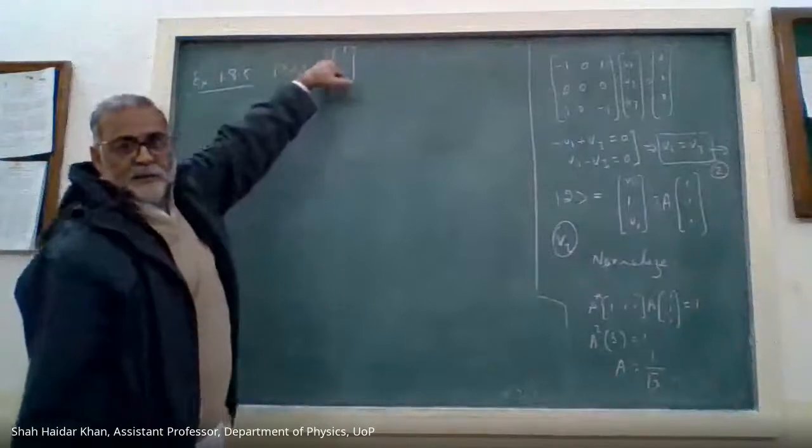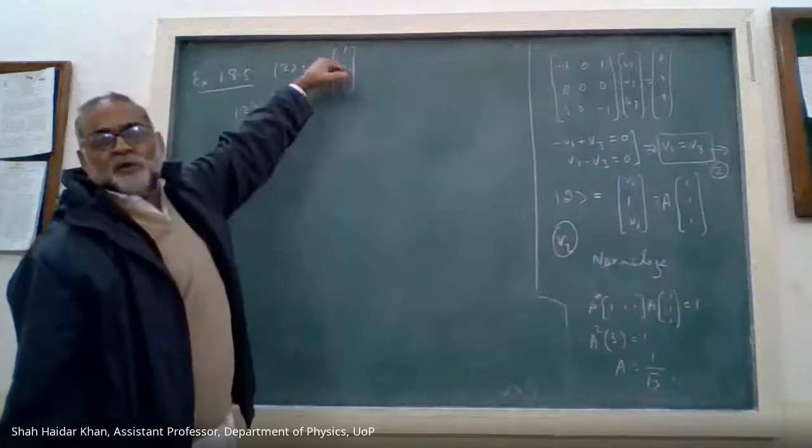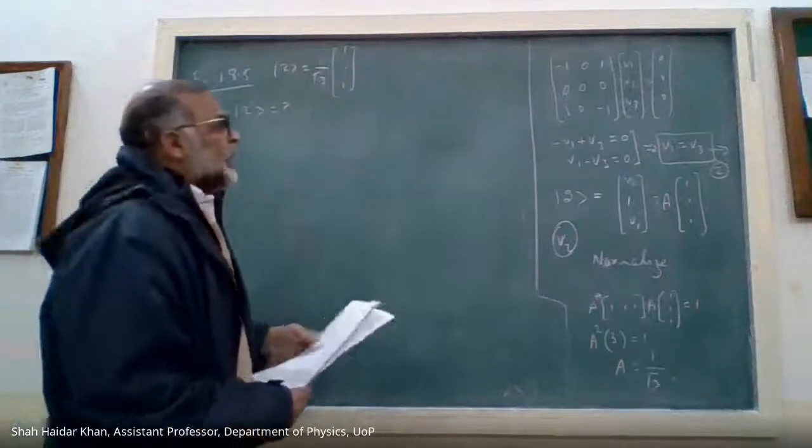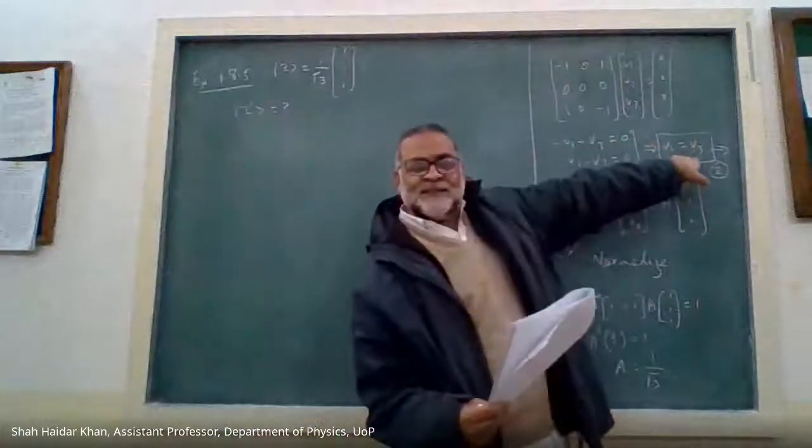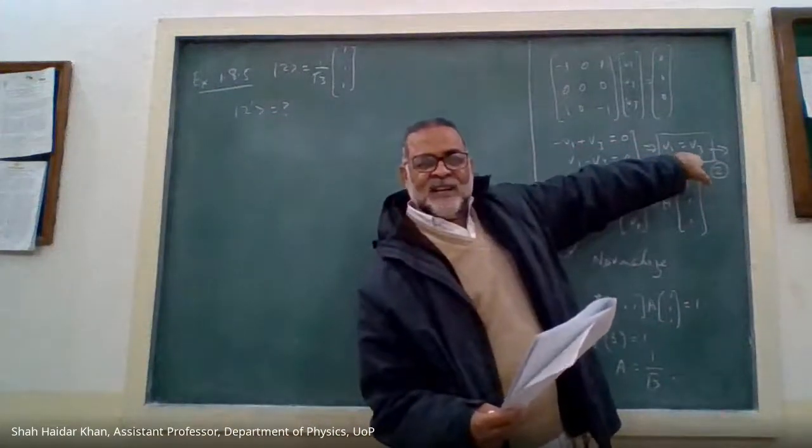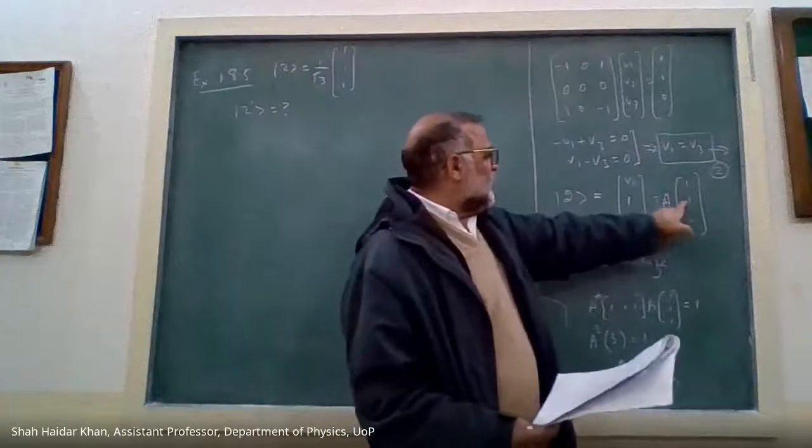This vector must be perpendicular to this one, because these form a basis. What we have in hand is only this thing, and this is completely free.